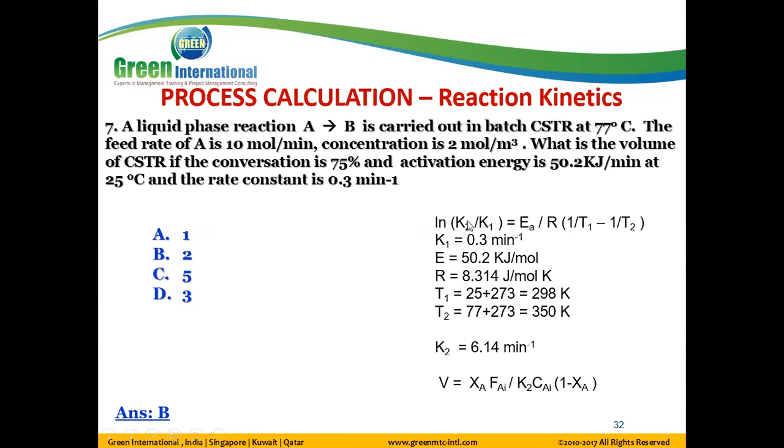From there you calculate K2. Once you know K2, you can substitute in this equation to calculate V. The conversion is given as 0.575, FA0 is 10 molar per minute, and the concentration is 2 mole per meter cube. Then you substitute K2 and calculate V.